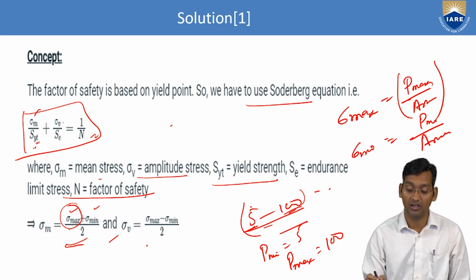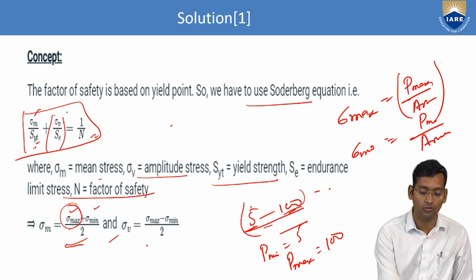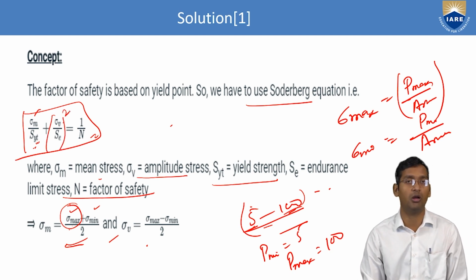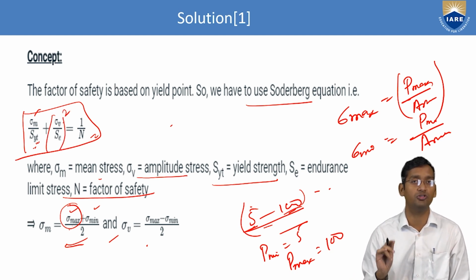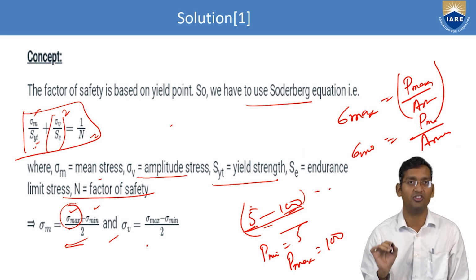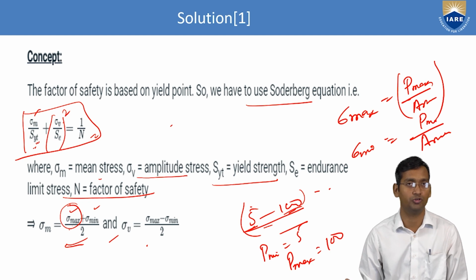If Gerber's is there, then only the value will be squared. That is what you have to remember for Gerber's, because Goodman and Soderberg are for linear cases only, and Gerber's is for non-linear also.